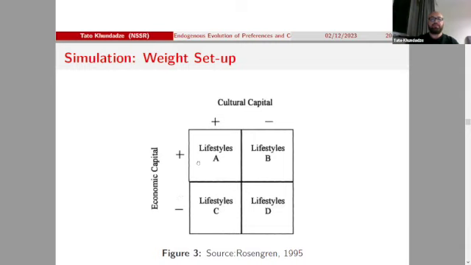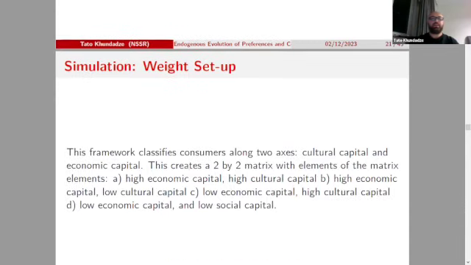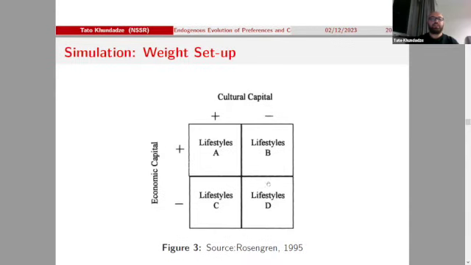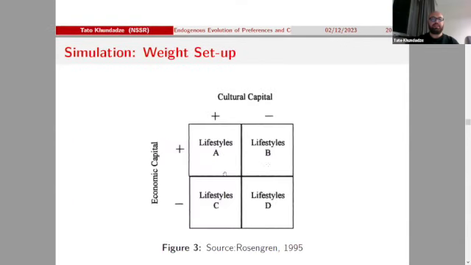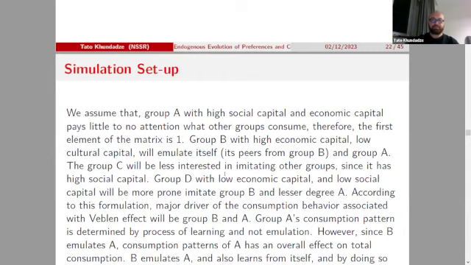Of course, this is a static picture here, but it can change. People move from one group to another, and then what I did was use this idea and simulate it.